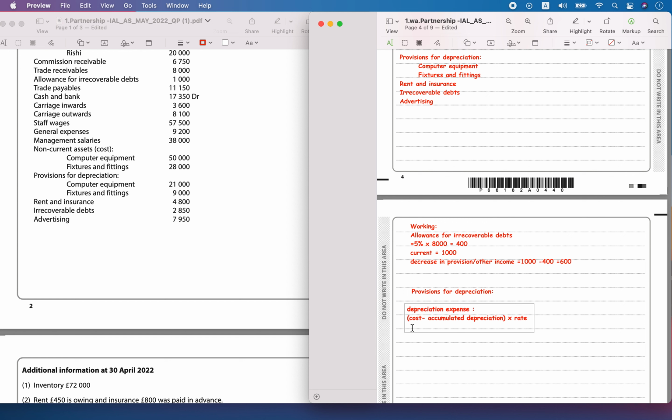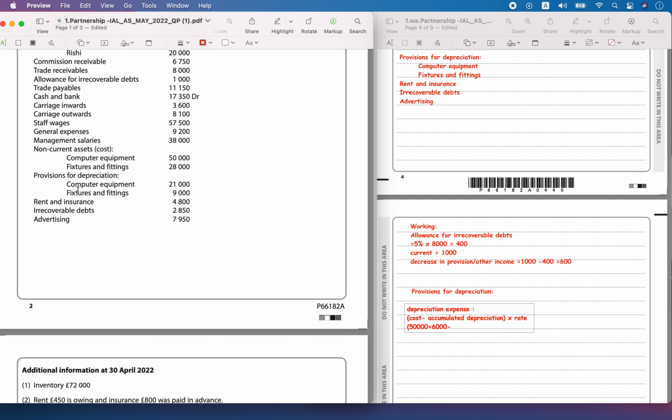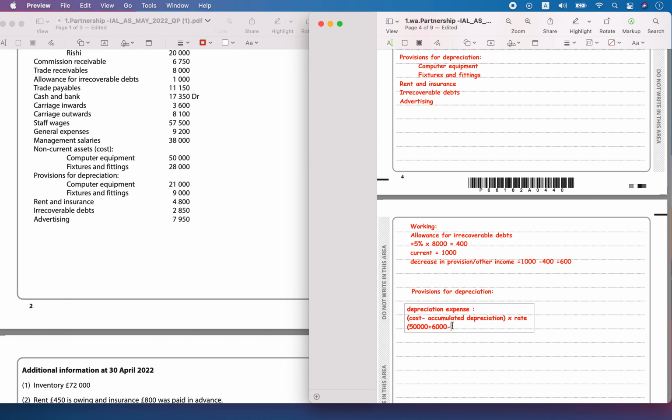Now we know what the cost was. The cost was 50,000 plus 6,000 bought, minus the accumulated depreciation of 21,000, times 20%.